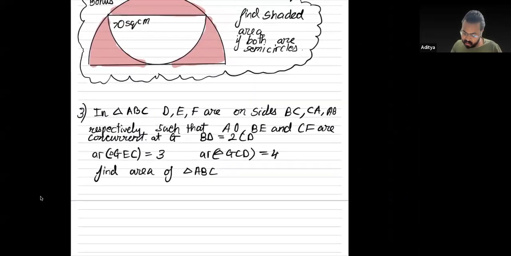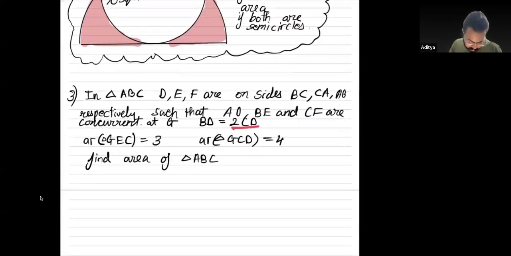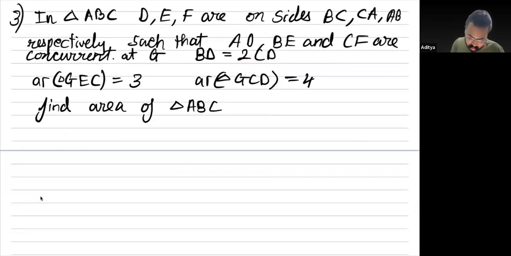Okay. In triangle ABC, D, E and F are on sides BC, CA, AB, such that you get the following ratio for BD is to CD. Once I make the figure, it will be more convenient.